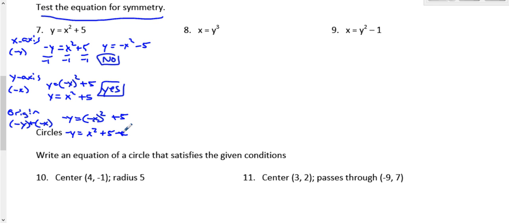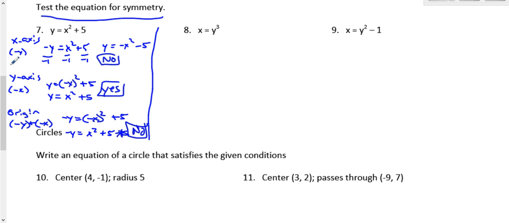This right here gets us right back to where we started when we tested for the x-axis, and we know that it didn't work there. So in this case, it's not going to work here either. So no symmetry with respect to the origin, no symmetry with respect to the x-axis, but yes, there is symmetry with respect to the y-axis. We have to test all 3 of those for each one of these.